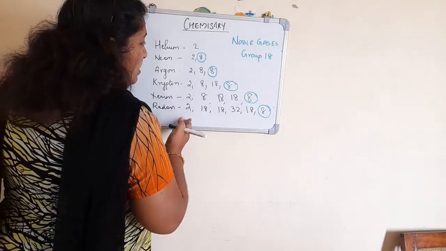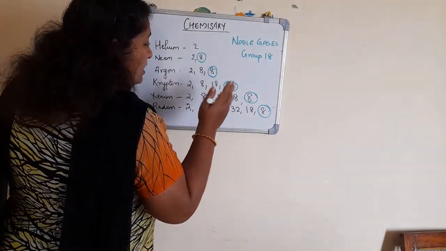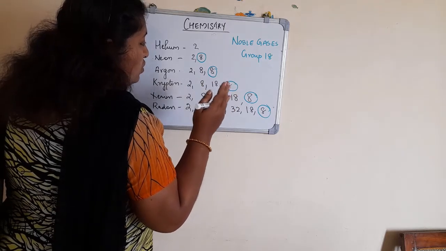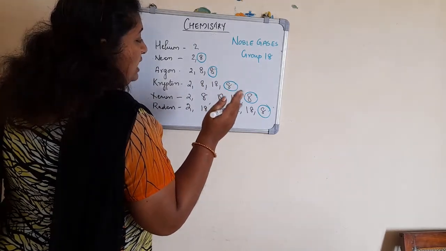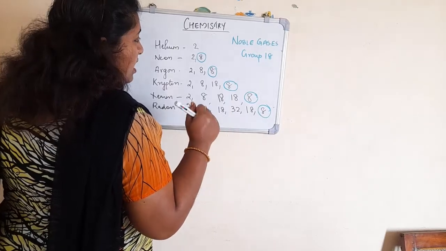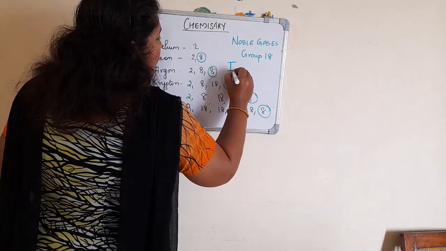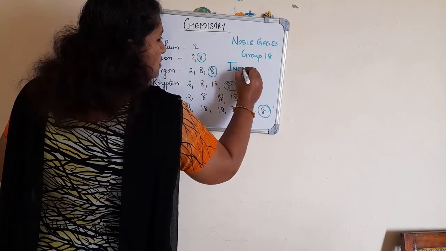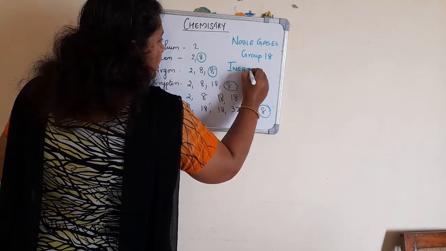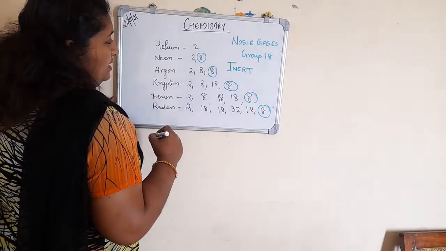So those elements which have already acquired the stable state or the octet state do not take part in chemical reactions. That is why they are known as inert gases, because they are chemically inert.